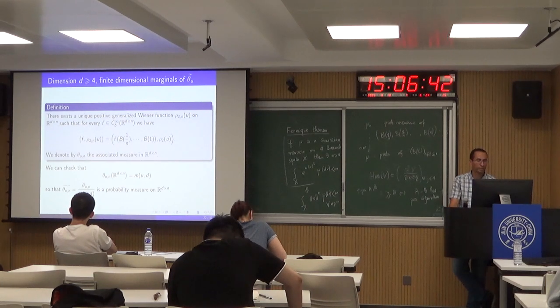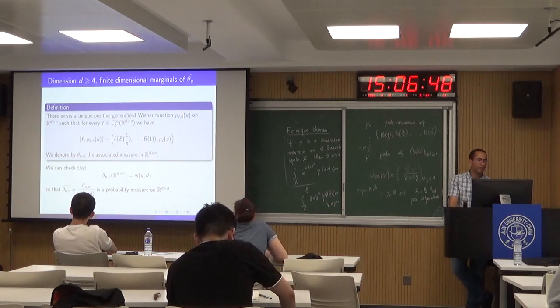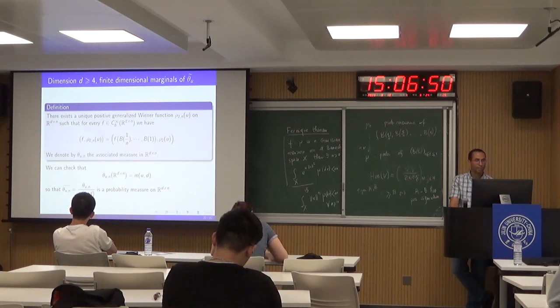From rho 2 we define another generalized function, but defined on R^d to the power n. This generalized function gives us the finite dimensional marginals of theta u.